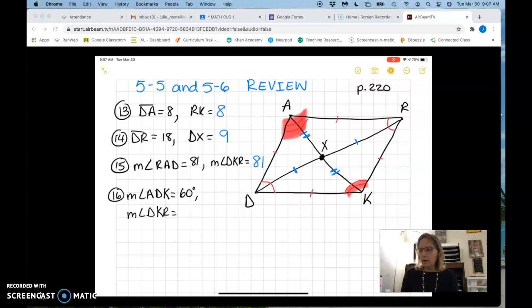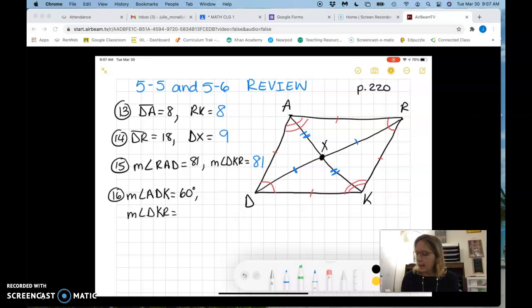So if this one is 81, then this one is 81. Now every time I do this, I highlight the angles because you need to be able to visually see what angle they're talking about. So on the test, if you need to draw something out, draw it out, okay? Use a whiteboard, use a piece of paper, it doesn't matter. But better safe than sorry.